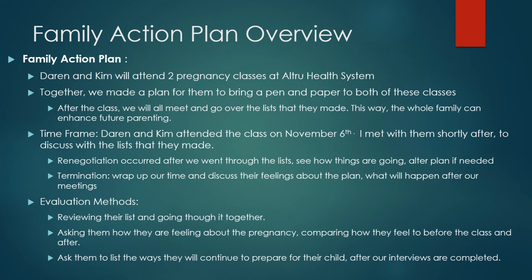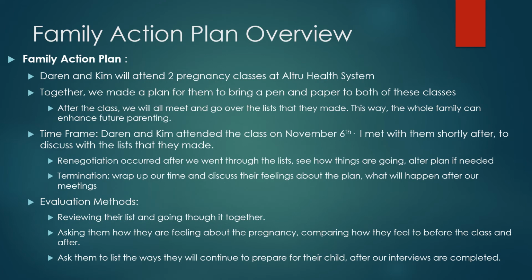The time frame: they attended the class on November 6th. I met with them shortly after to discuss that list that they made. Renegotiation occurred after we went through the lists to see how things are going, and alter the plan if needed. Termination: we wrapped up our time, discussed our feelings about the plan, how they were feeling, and what will happen after our meetings.